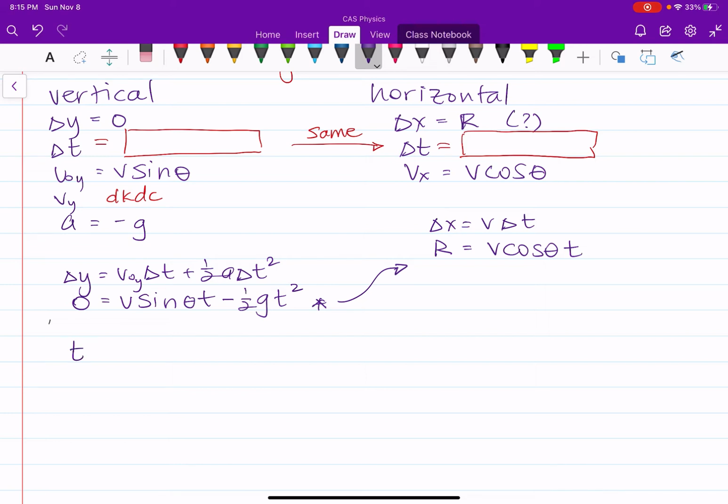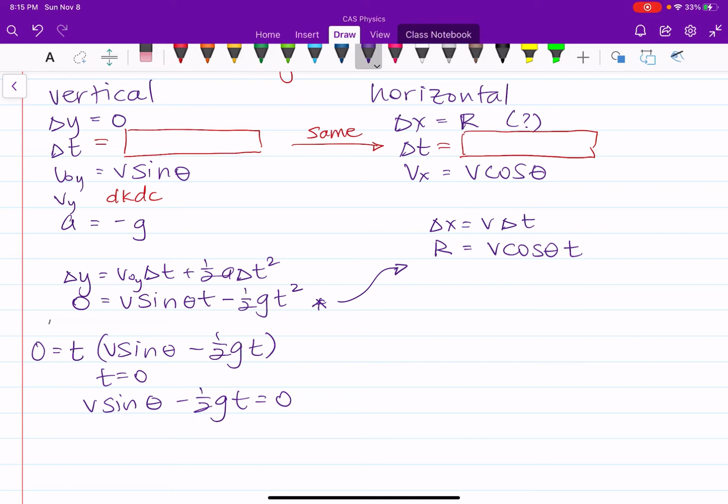I can say this equals 0, t times v sine theta minus 1/2 g t. So t equals 0, and then v sine theta minus 1/2 g t equals 0.